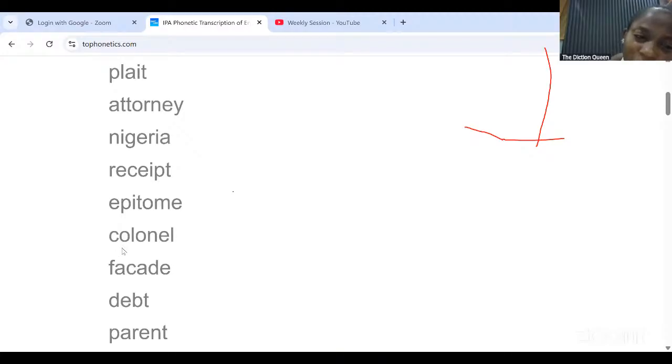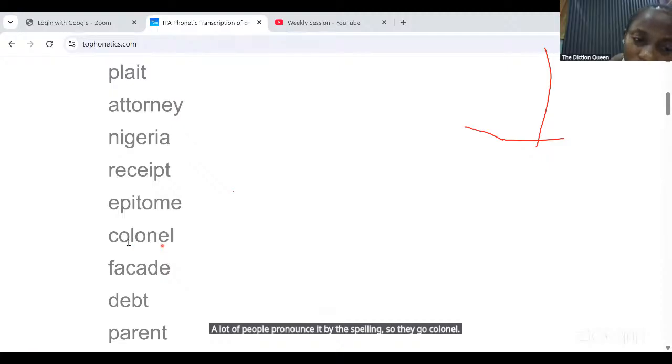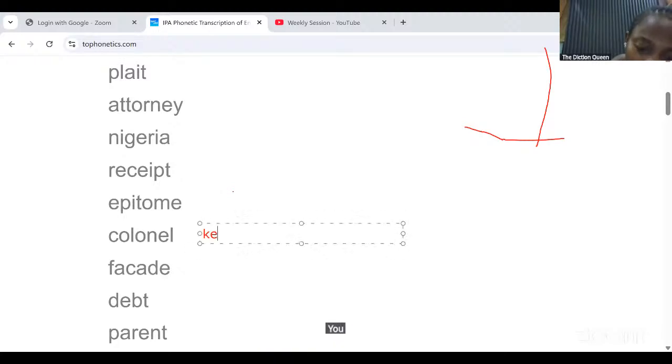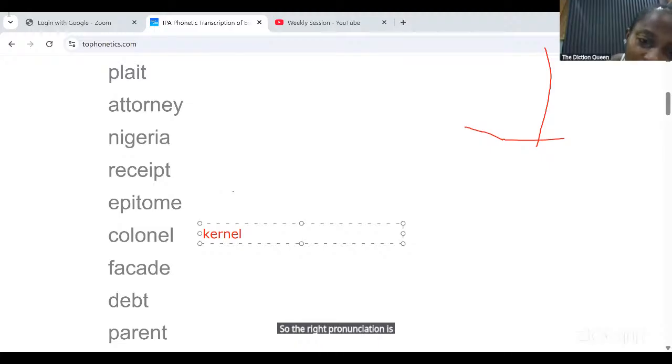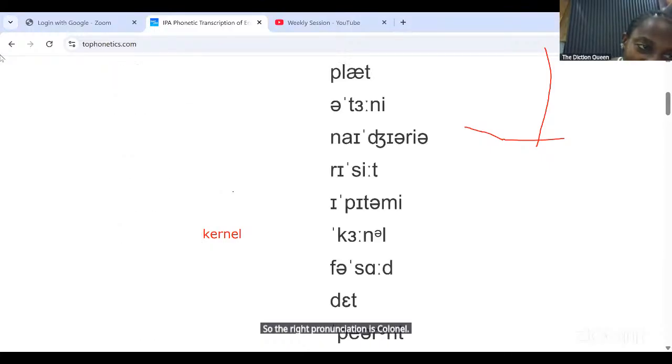Look at the spelling of the next word. A lot of people pronounce it by the spelling, so they say colonel. It's not colonel. This word is pronounced the same way as this other word, kernel. They have the same pronunciation. Let's analyze the transcription.